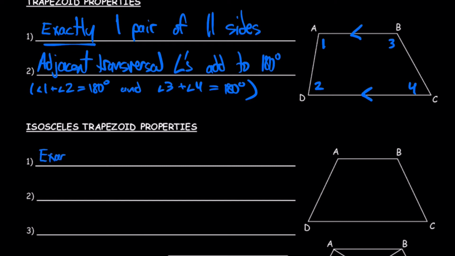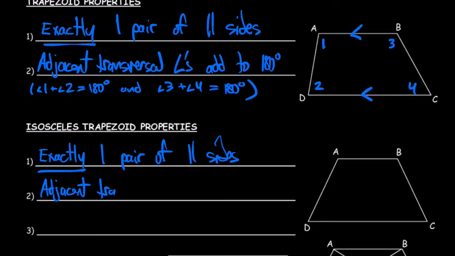So that would be exactly one pair of parallel sides and adjacent transversal angles add to 180 degrees. But there's got to be more.